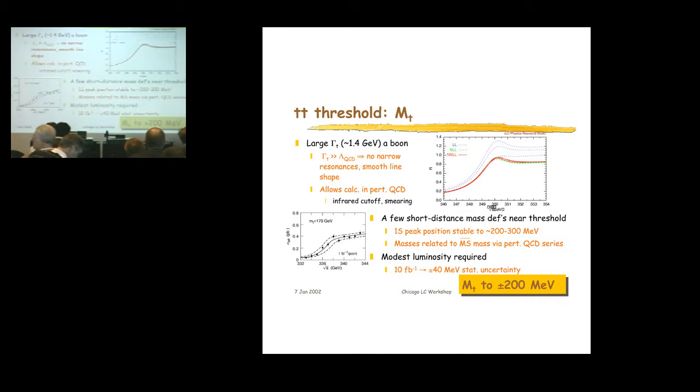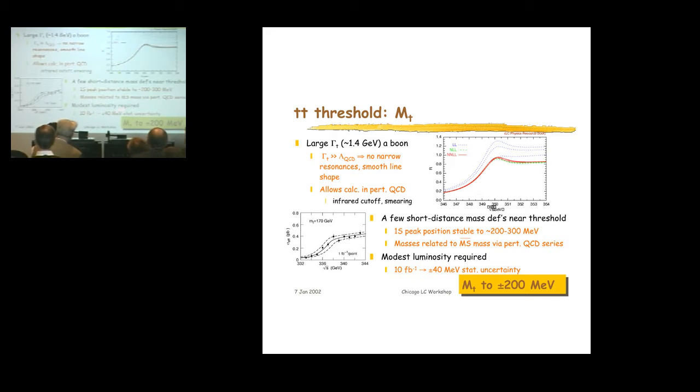Now, it turns out that you really need quite a modest luminosity to extract the top quark mass from the threshold region. Here's an 11-point scan with 1 inverse femtobarn per point with all beam energy and resolution effects included, and you can get essentially a 40 MeV statistical uncertainty with a very modest cost to a higher energy program.